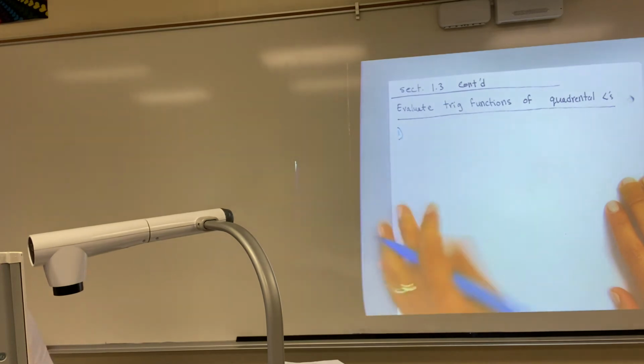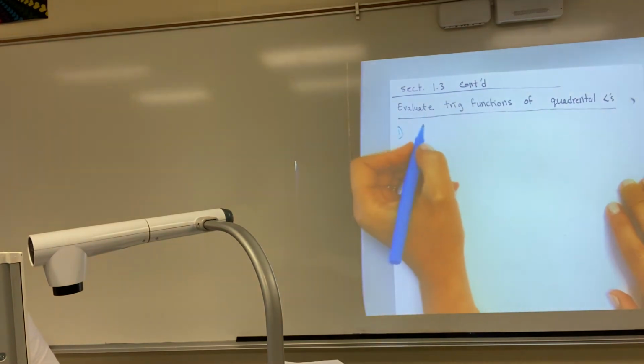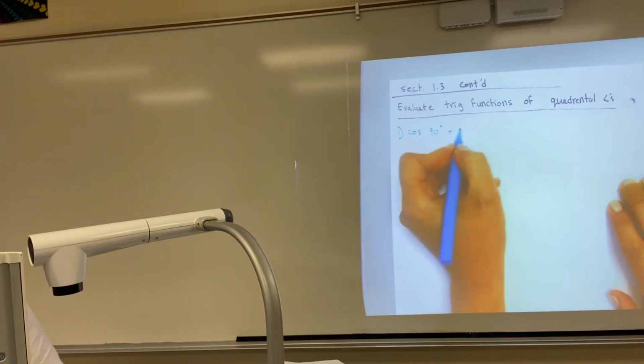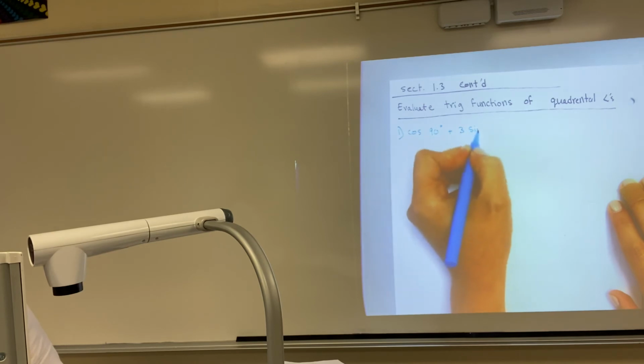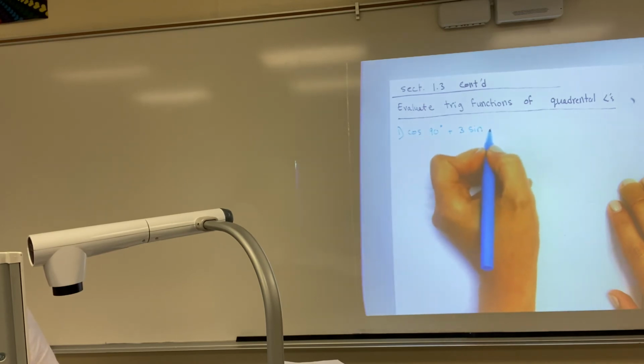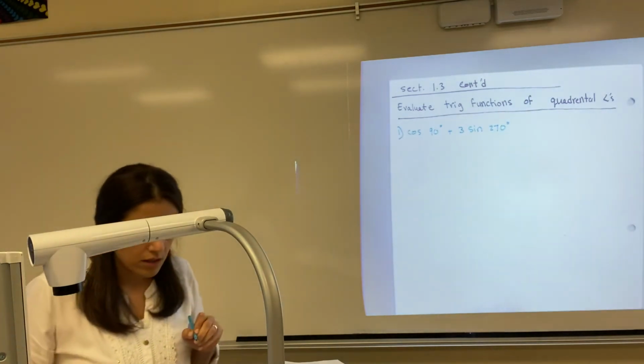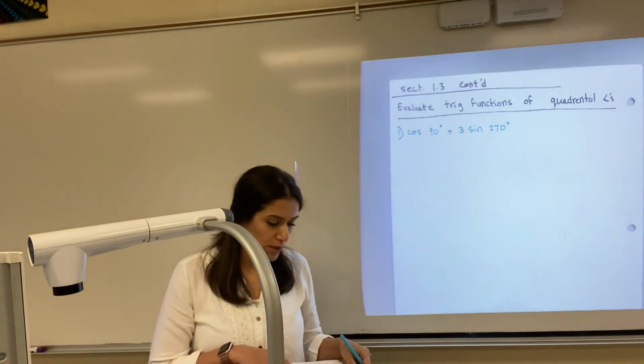So number 1, we're going to look at cosine 90 degrees plus 3 sine 270. Again, that's on page 24.